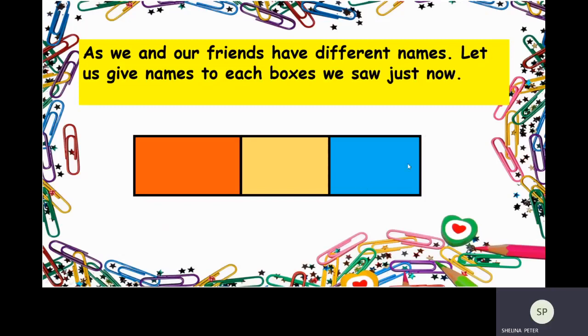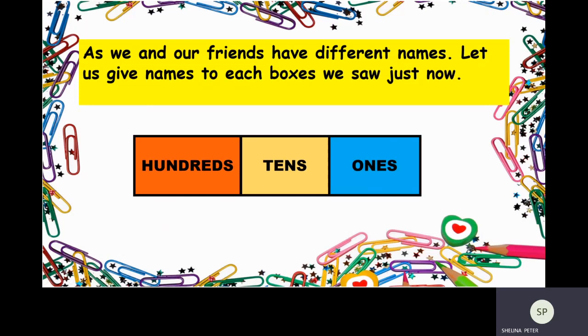We will start giving the names from this box. Let us see now. So, this box is ones place. This is tens place. And this is hundreds place.